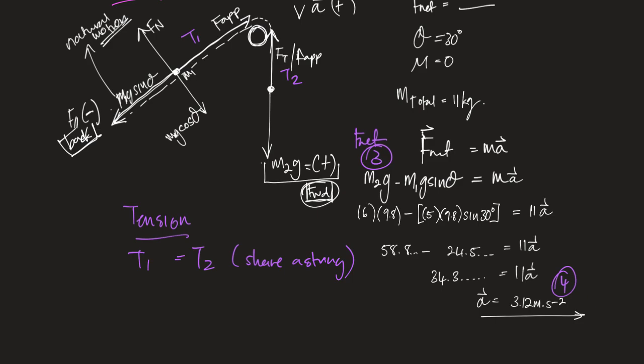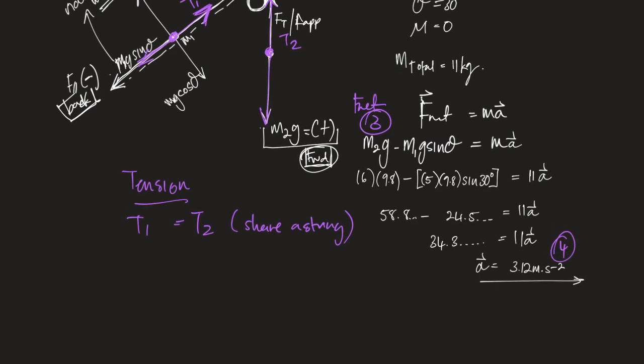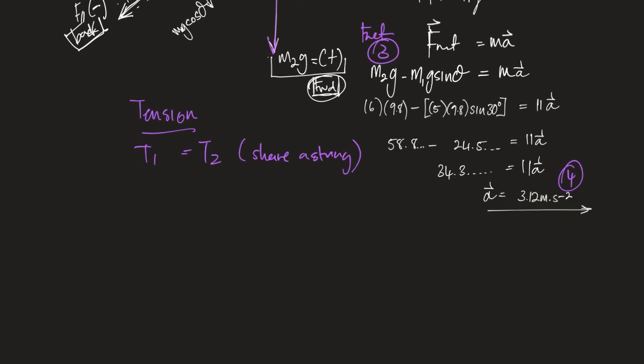When you work with these, work with the thing that has the least amount. So M1G has this one, and that one, 2. And this one also 2. So either way, you could work with either one. I'm going to work with the one that's accelerating down. So what I'm working with is this sort of setup of M2G and T2.